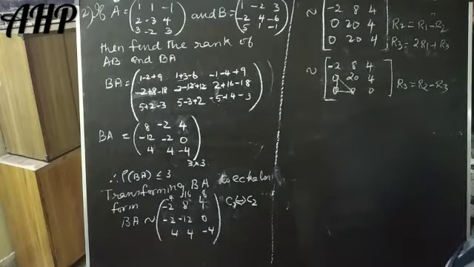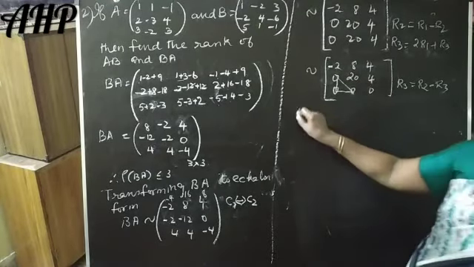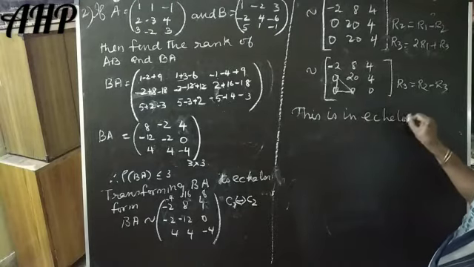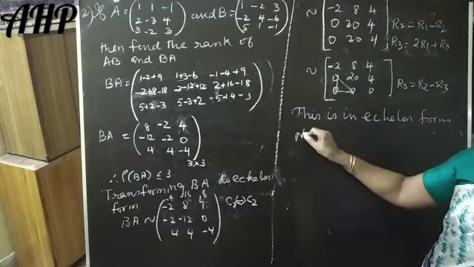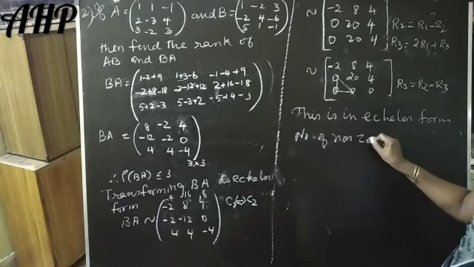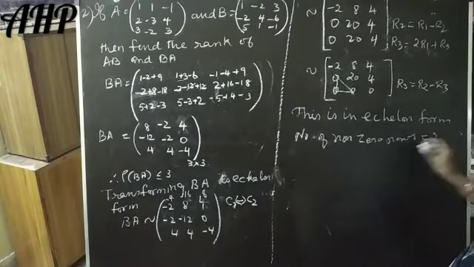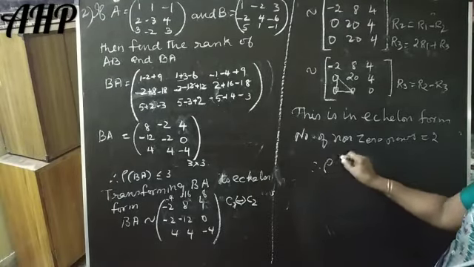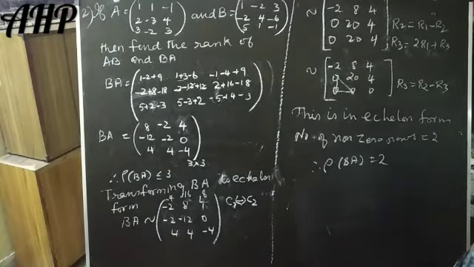Now this is in echelon form. Number of non-zero rows is equal to 2. Therefore, rank of BA is equal to 2.